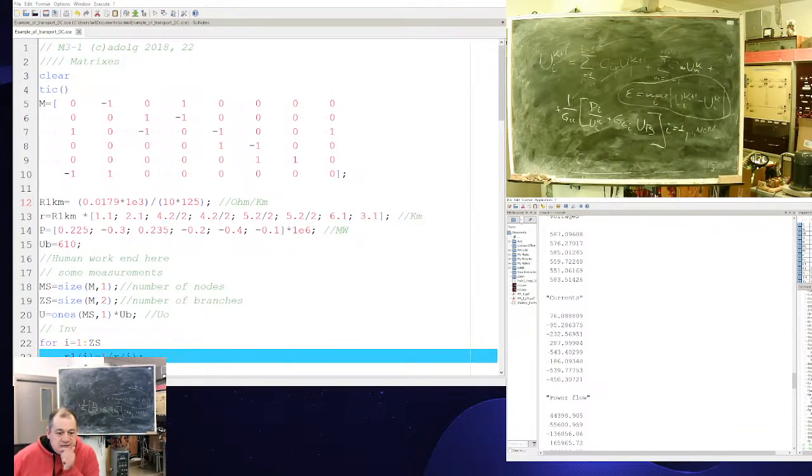Wait one second. Saglabot. Something went wrong. I need a learning system. I will put the MATLAB file also, this example. But where are my examples?